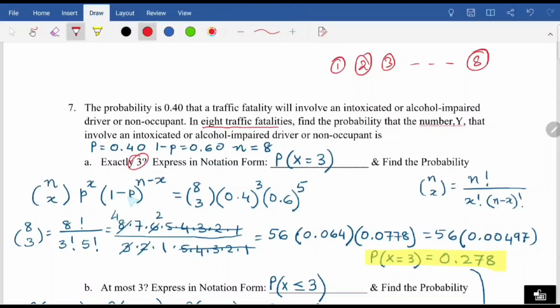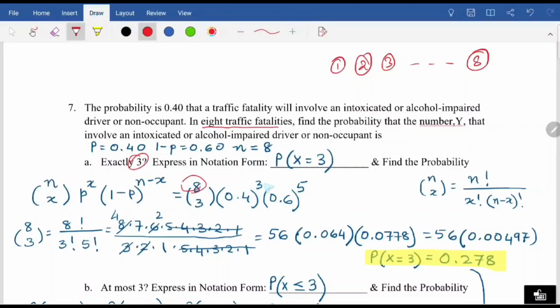Now, 1 minus P is 0.6, and N minus X, N is 8, so 8 minus 3 is 5. All right, the way to cross-check that you got both your exponents correct is just add 5 and 3, the exponents, and make sure you get back your value of N. 5 plus 3 is 8, correct? So we got our exponents correct.